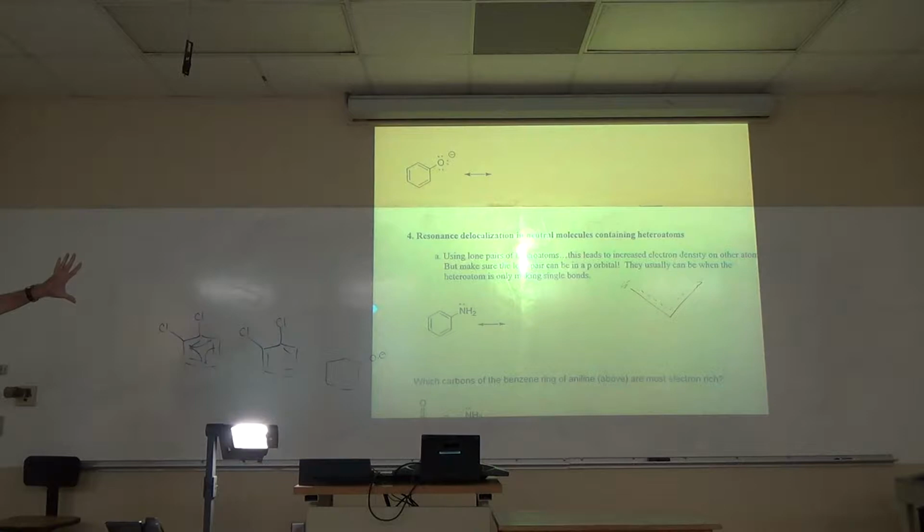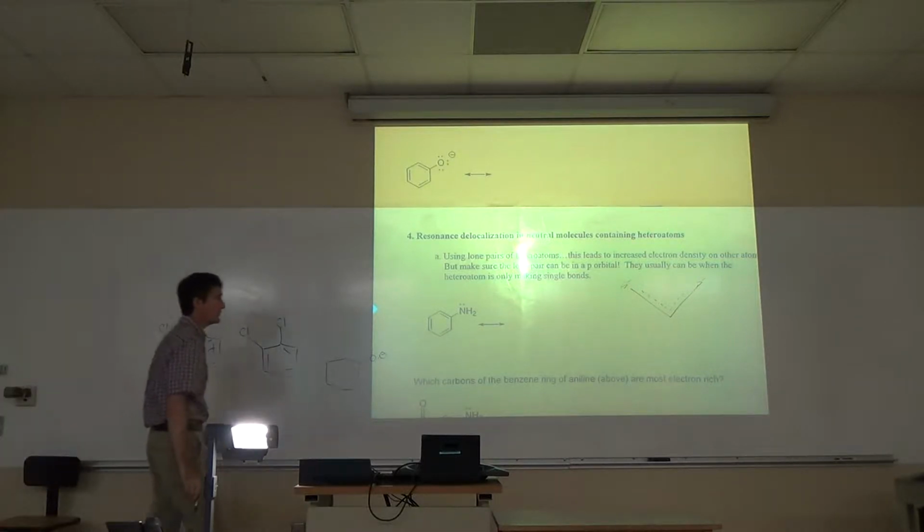They both have benzene ring, and they both have one lone pair conjugated with the benzene ring. That makes them isoelectronic. Now, the oxygen has a negative charge, where the nitrogen down here is neutral. But that's not going to change much at all, other than the same net charge.